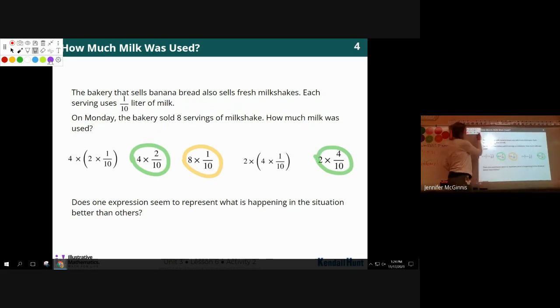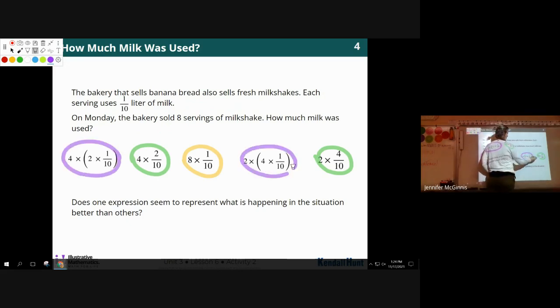I like them all because they all equal 8 tenths. Say that louder for the people in the back. I like them all because they all equal 8 tenths. She says, I like them all because they all equal 8/10. Is she right? Yes. She is correct. They all equal 8/10. You guys are on to me, aren't you? You guys are figuring out that a lot of times when I give you something like this, you got to check them all because sometimes they all equal 8/10, don't they?